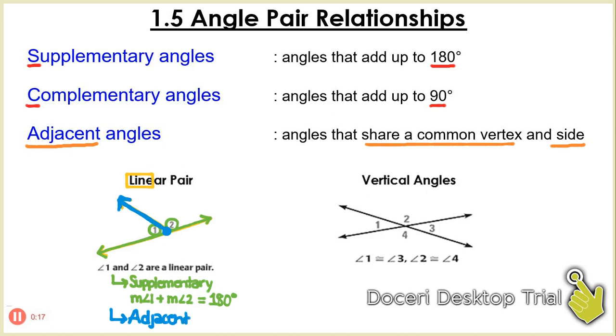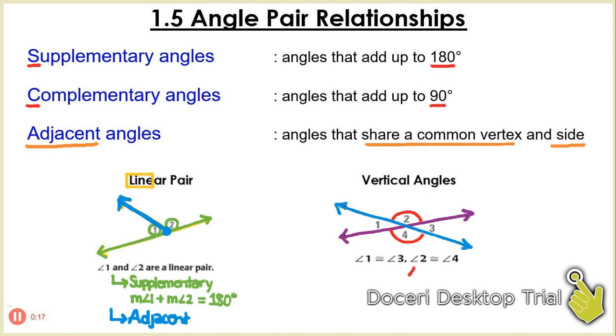Then we have vertical angles, and vertical angles are when you have two lines that intersect. So here's line 1, here's line 2. They definitely intersect. And when that happens, the angles directly across from each other, so for instance, angle 2 and angle 4, are called vertical angles, and what we know about vertical angles is vertical angles are congruent.